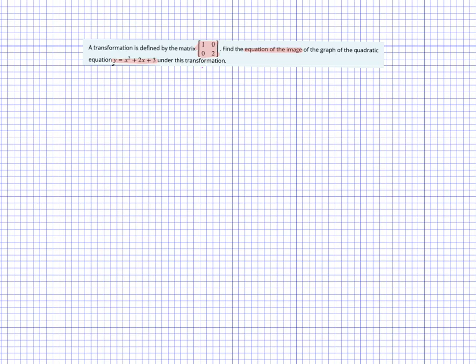So if you wanted to know what this one looked like, it's a positive quadratic. It goes through at positive 3. Its factors would be 3 and 1, but I don't think it has any factors because 3 times 1 is 3, but 3 plus 1 is 4, not 2.